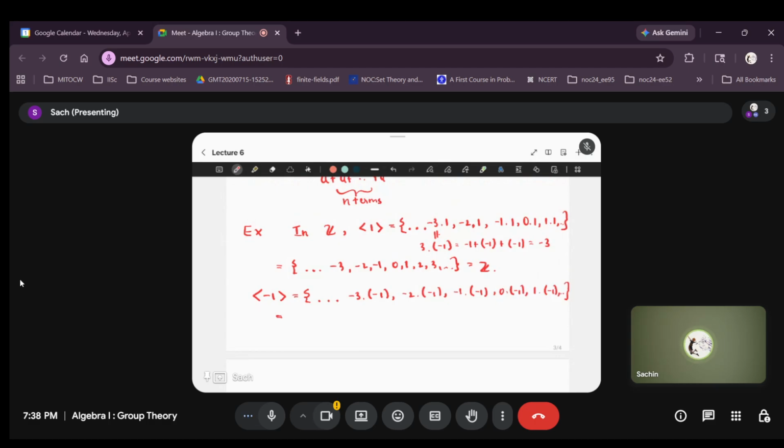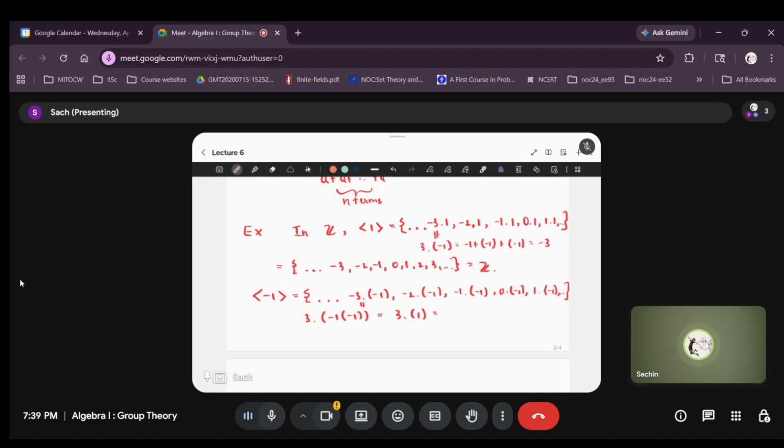What is this subgroup? Yes, this is also good because minus 3 times minus 1 simply means 3 times the inverse of minus 1, which is nothing but 1, since the inverse of minus 1 is 1 in addition.